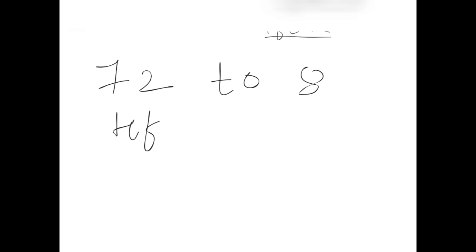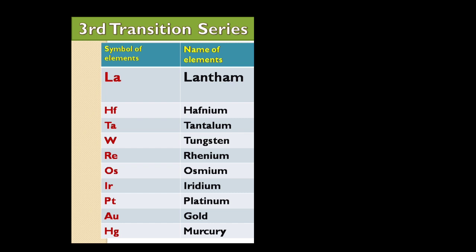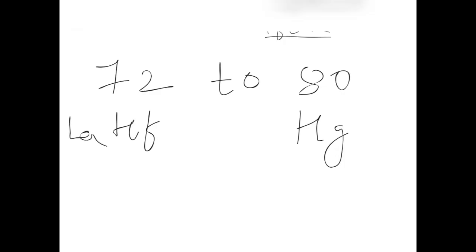After hafnium, up to mercury, that is from 72 to 80, these elements belong to the third transition series. That means after lanthanum, those 14 elements are not counted, and directly hafnium comes; from 57 to 72 you can see on the screen. Then from there to mercury.